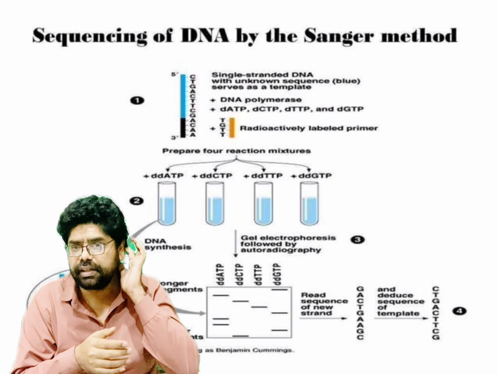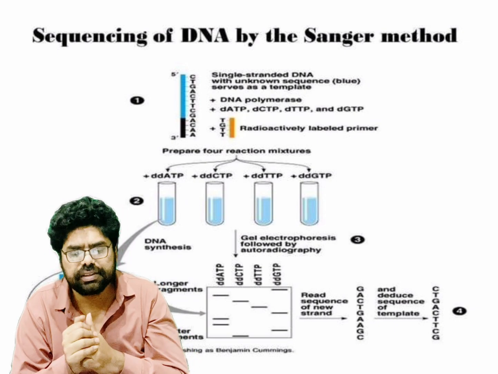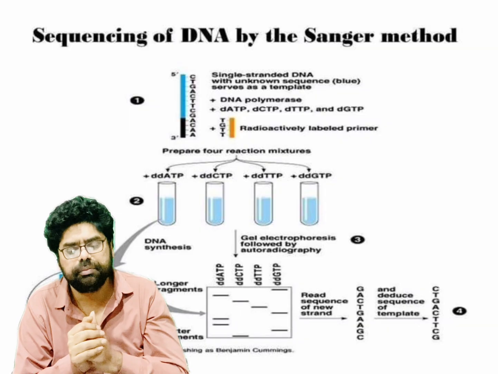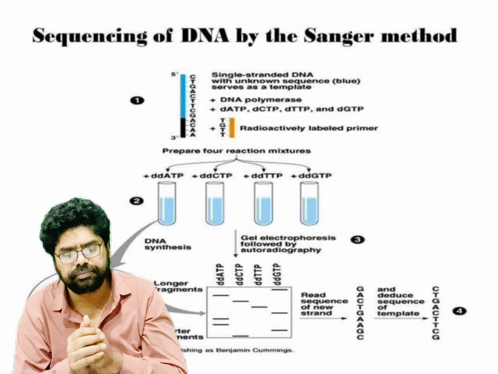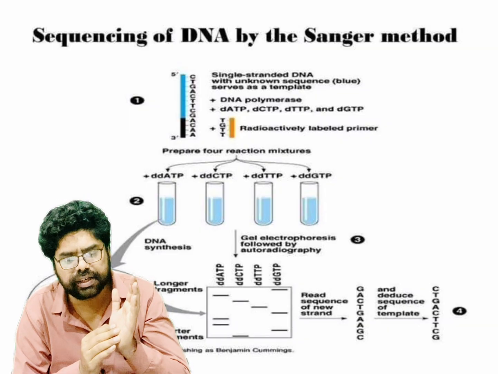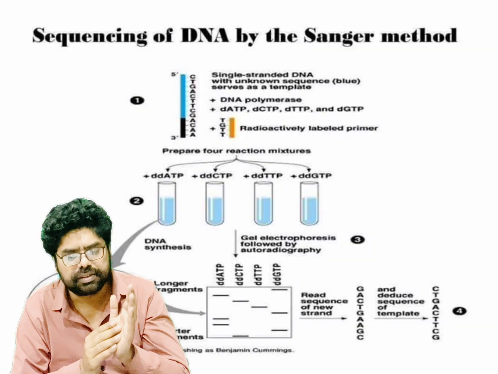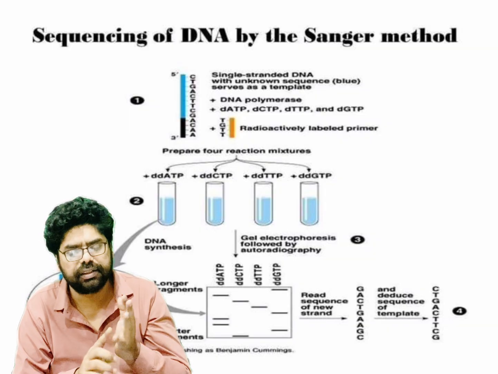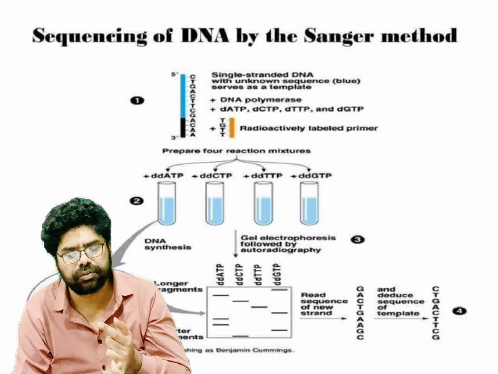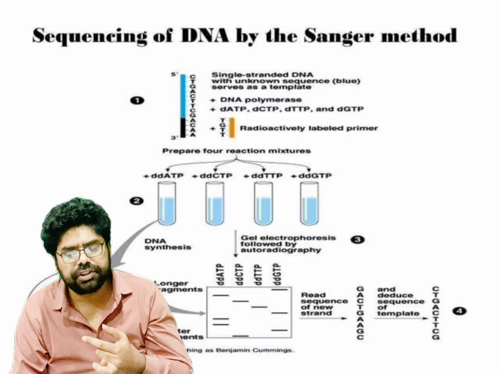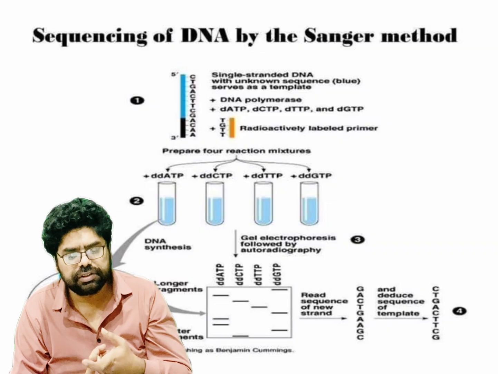Then there is DNA polymerase, dATP, dCTP, dTTP, and dGTP, and radioactively labeled primers. And there are 4 tubes having ddATP, ddCTP, ddTTP, and ddGTP for chain termination.